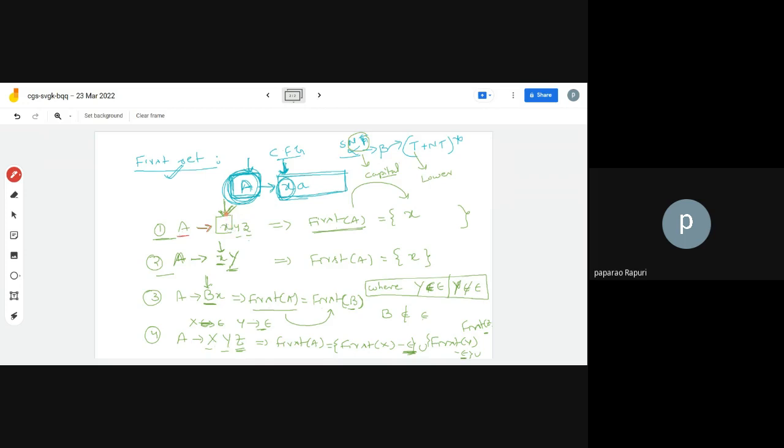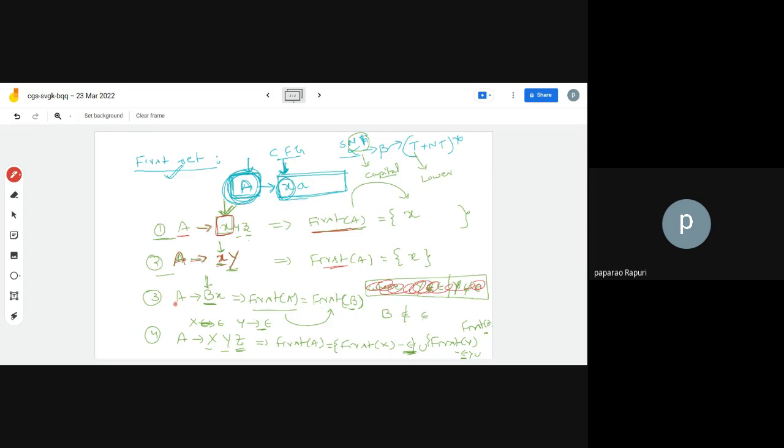We take only the first position terminal of the right hand side for the first set of A. Coming to the second one, A derives small x, capital Y. Here also the small x means terminal, so that terminal is added to the first set of A.